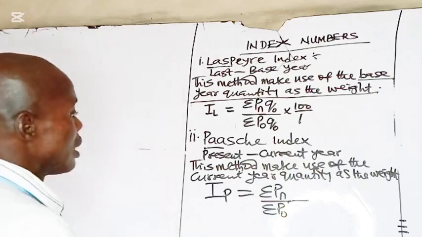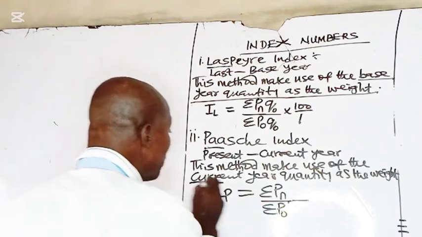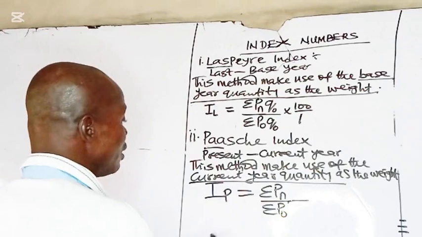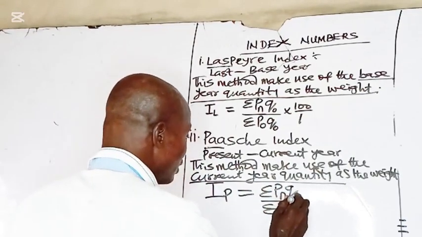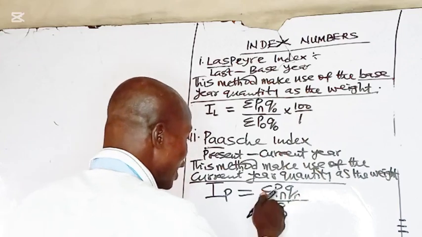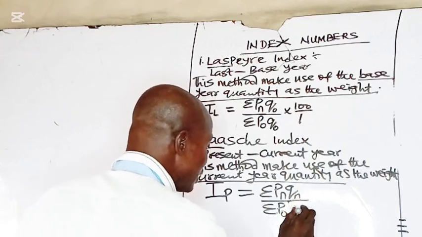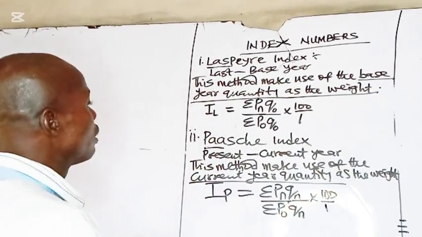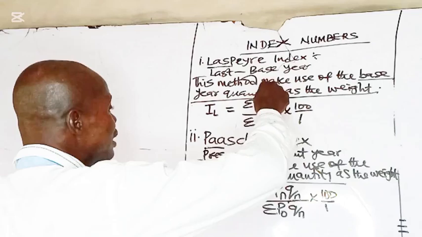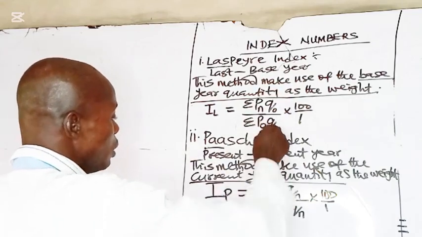The weight to use must be the current year weight, and the current year weight is quantity. So it is multiplied by the current year quantity, times 100. Remember the quantity we use here. This is Qo. This is Qn.